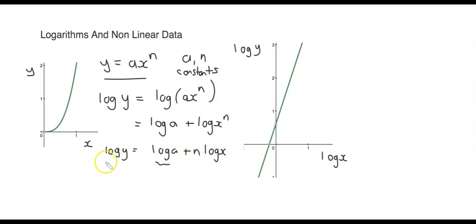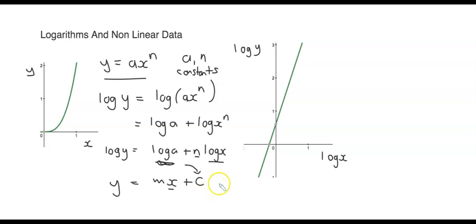And so what we could do with this equation is we can draw a parallel between this and the general equation of a straight line y is equal to mx plus c. Okay, so in other words, this constant is now going to be our c value, and then n is going to be our gradient, and then log of x is kind of equivalent to our x value for y equals mx plus c.